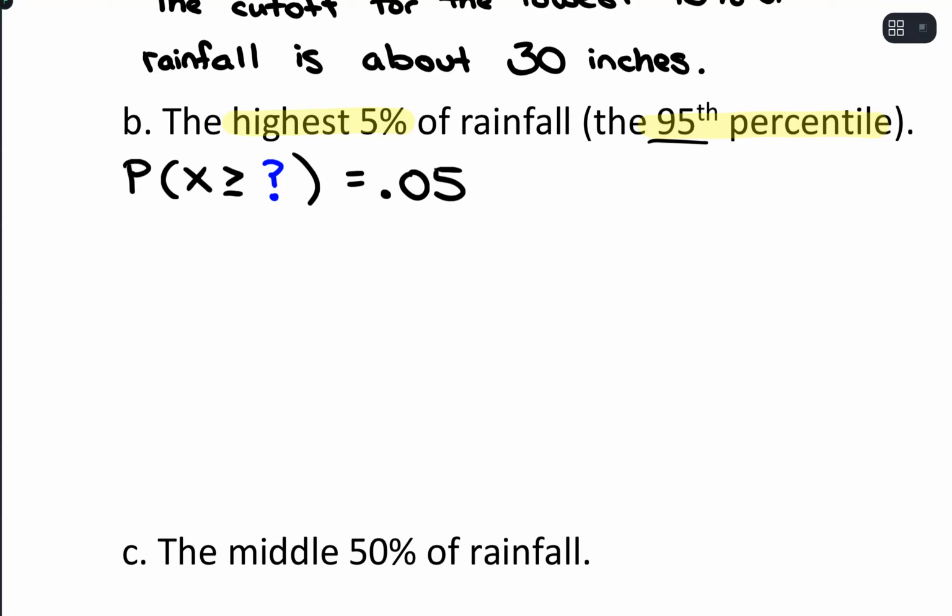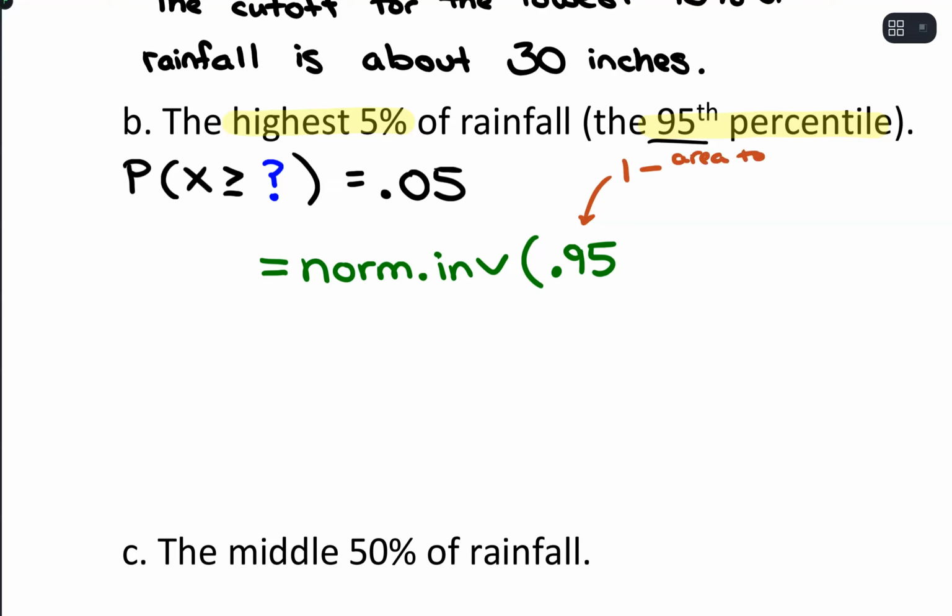So in Excel, I'm going to go equals norm.inv, so normal inverse, and then for that probability, I'm typing in 0.95. Just notice that for that probability, since we were given area to the right, we just use 1 minus that area to the right. And then for the rest of it, 0.95, comma, 40, and 8 for the standard deviation.